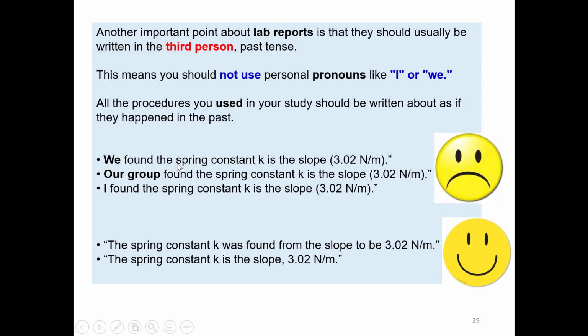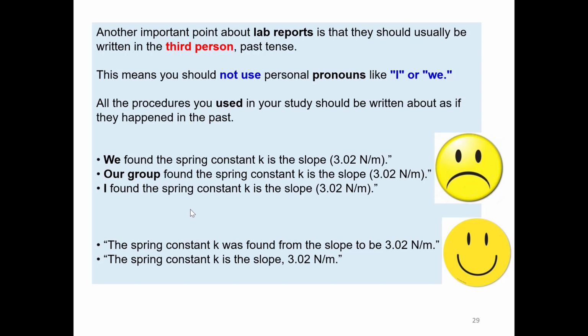We found the spring constant K is the slope. No. Our group found the spring constant K is the slope, 3.02 Newton meters. It's not correct. I found the spring constant K is the slope, 3.02 Newtons per meter. It's not correct.